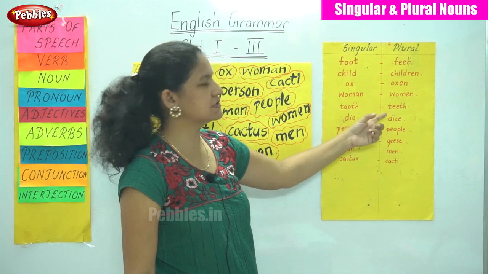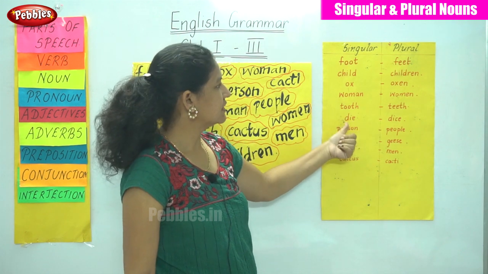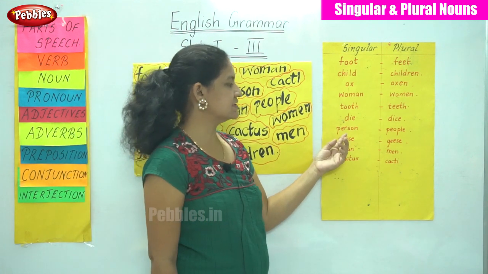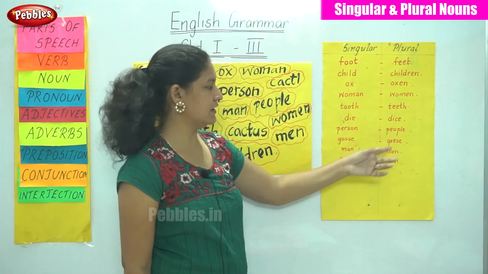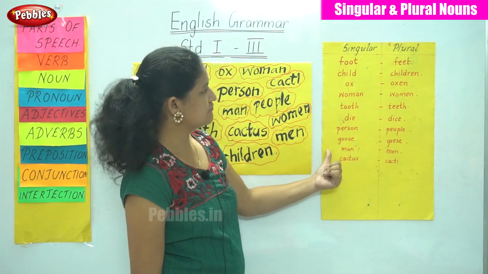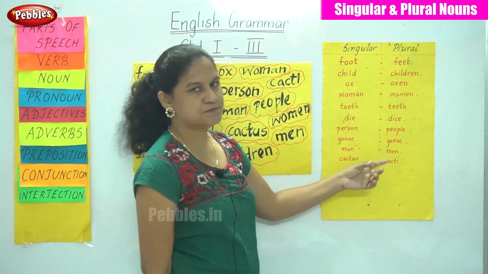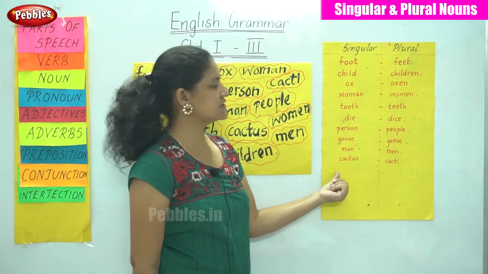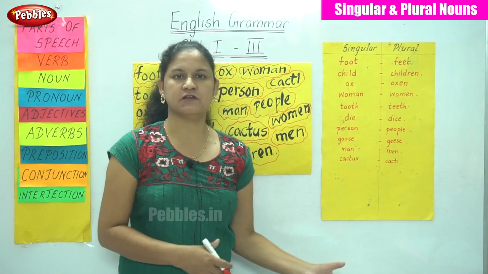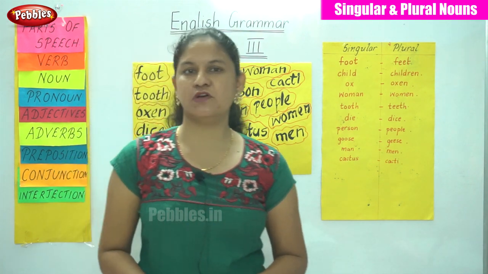Tooth singular, teeth plural. Die singular, dice plural. Person singular, people plural. Goose singular, geese plural. Man singular, men plural. Cactus singular, cacti plural. So these are the singular and plural form of the words.